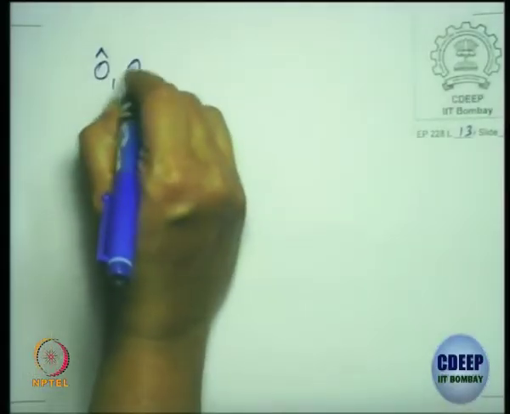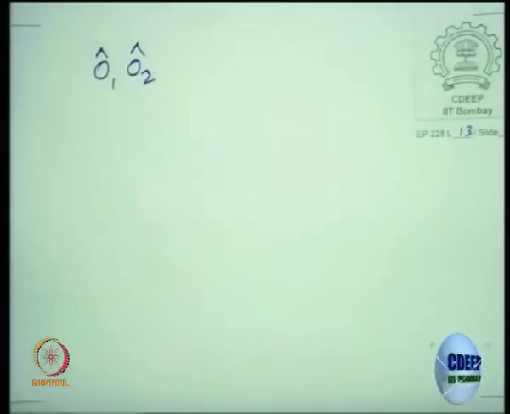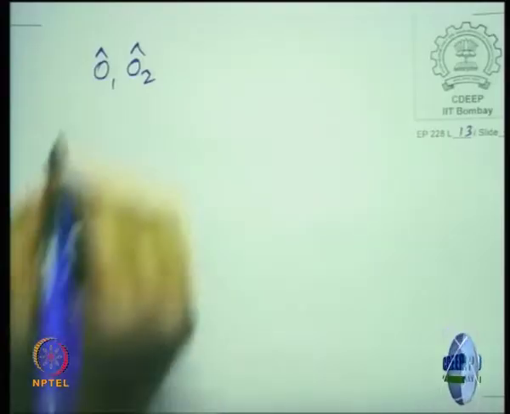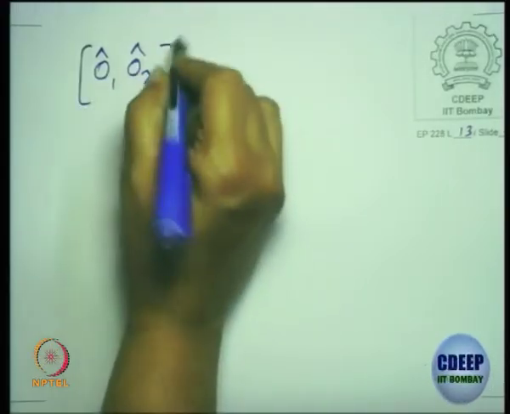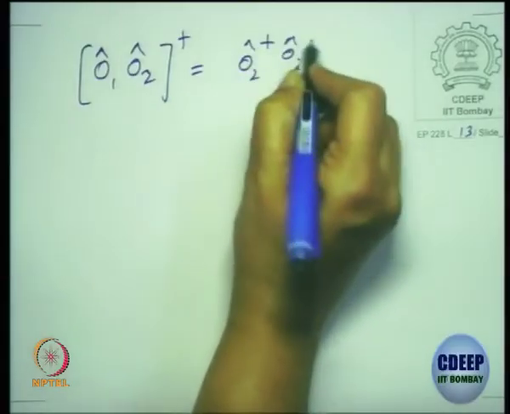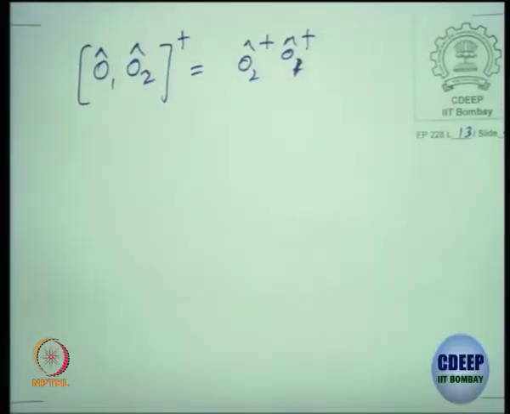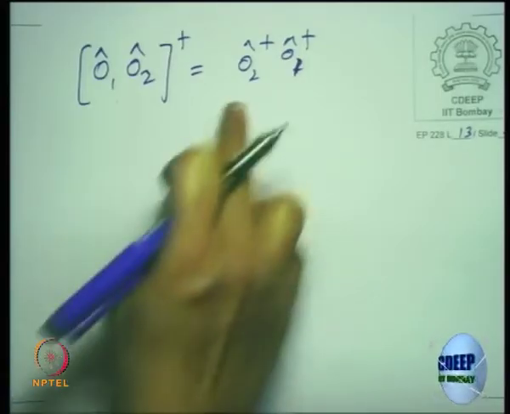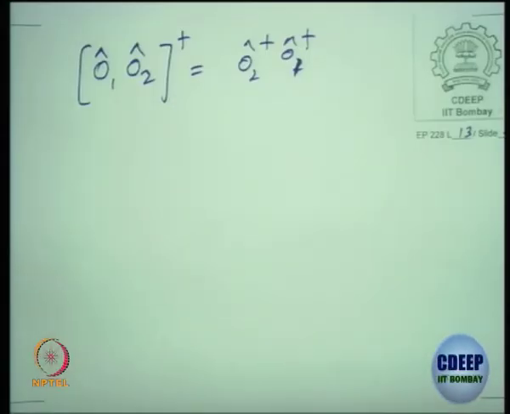If you have a product of two Hermitian operators and try to find the dagger of this, you get O2 dagger O1 dagger. So the product of two Hermitian operators is not Hermitian, because O2 O1 is not the same as O1 O2.